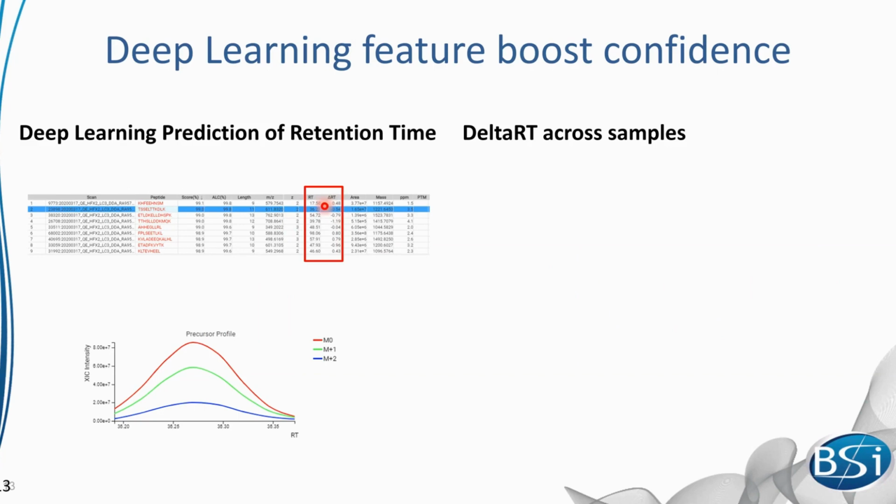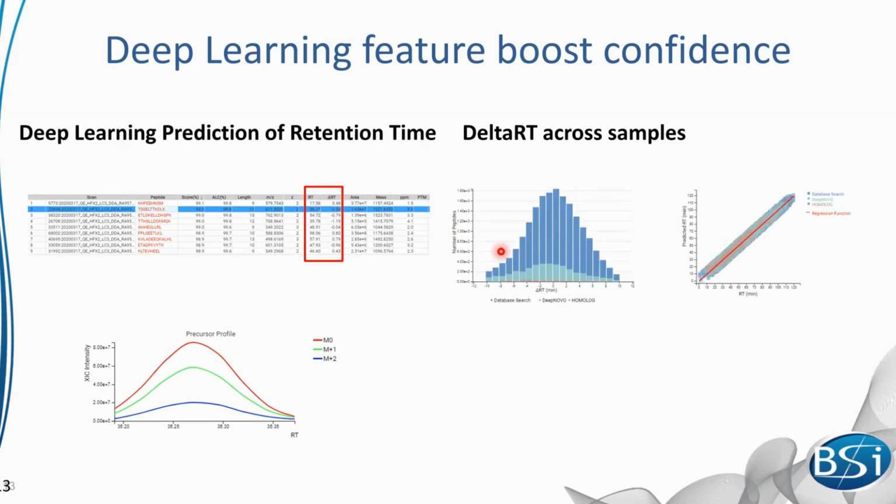If it's a good match, the delta RT should be very small. And in the summary page of the result, we will give you statistic plots, such as a histogram and a regression line, to help the user see if this data set is good and if the matches are good.